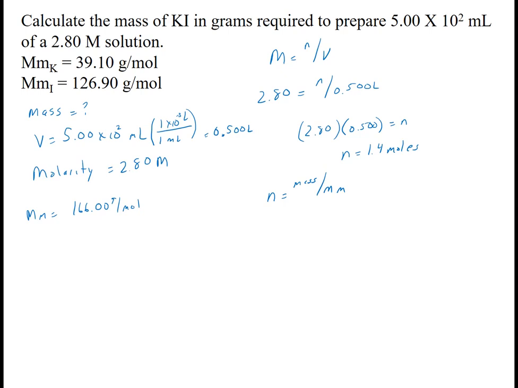Okay, and so I have 1.4 is mass divided by 166.00. So I need to multiply both sides by the 166, so 1.4 times 166 is equal to mass. And so I get mass is 232 grams.